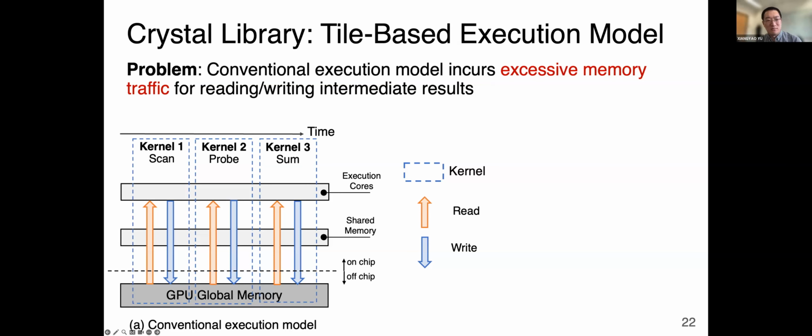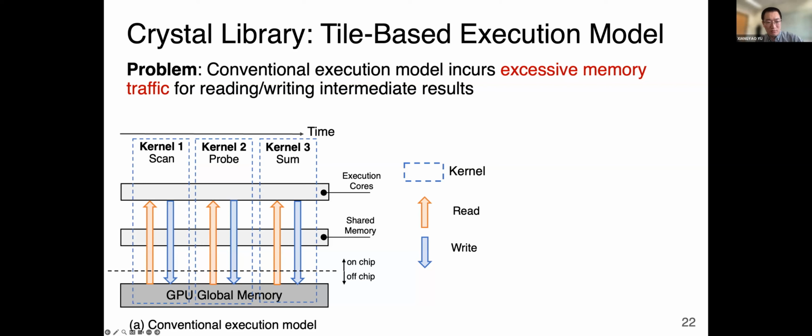A conventional execution model runs the first kernel to scan the data, reads in all the data, does some filtering, and then writes all the data back to GPU global memory. Then a second kernel reads in data from GPU memory again, does some processing and writes it back. They can have multiple of these kernels, and every one will read data in and write it back to global memory. This causes a lot of traffic to global memory, and a lot of this traffic is actually unnecessary.